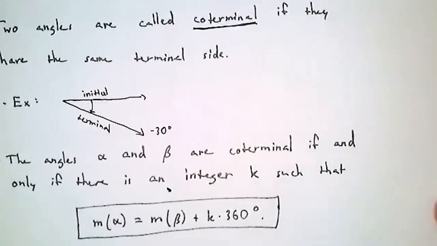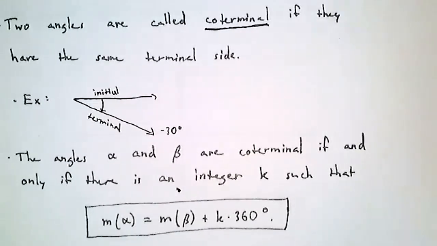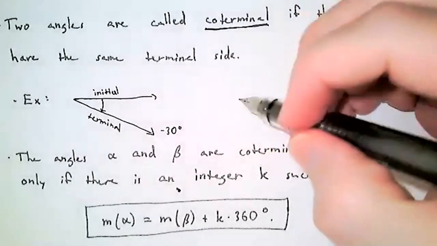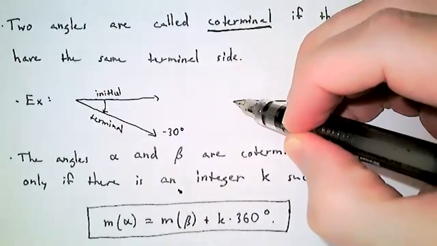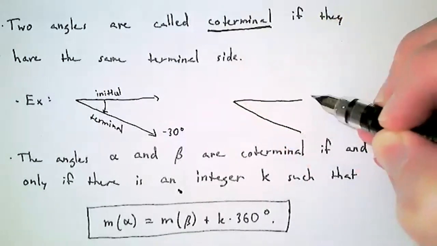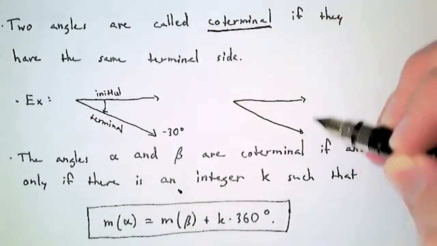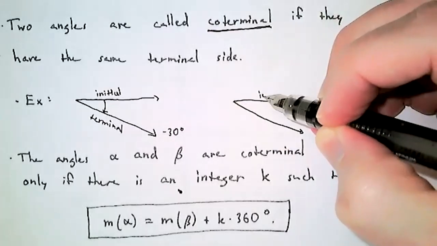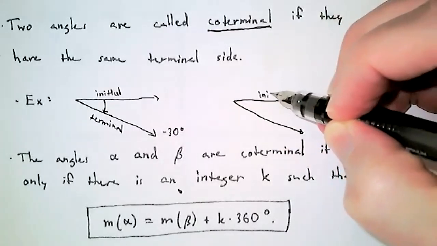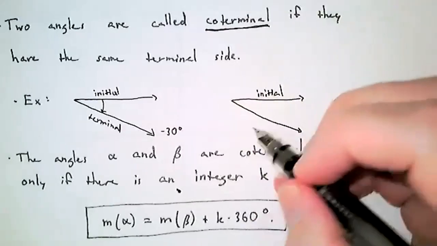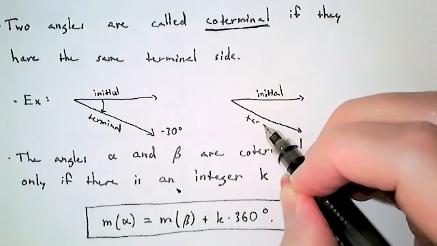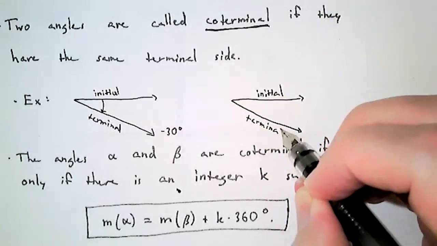And now let's talk about what a coterminal angle might be. So it needs to be an angle that shares the same initial side and terminal side. Let's label those.